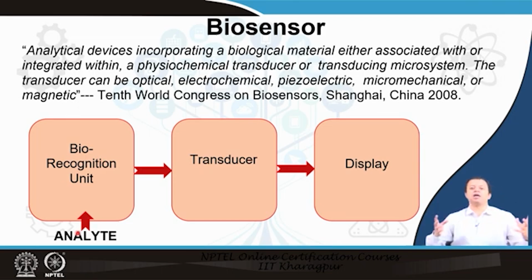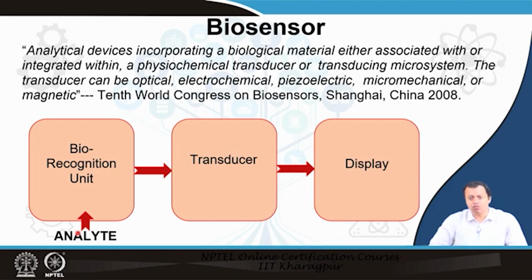It cannot randomly fluctuate when any ABCD XYZ material comes in contact with it. The modification in the property of the transducer has to be very specific to particular materials, particular analytes.